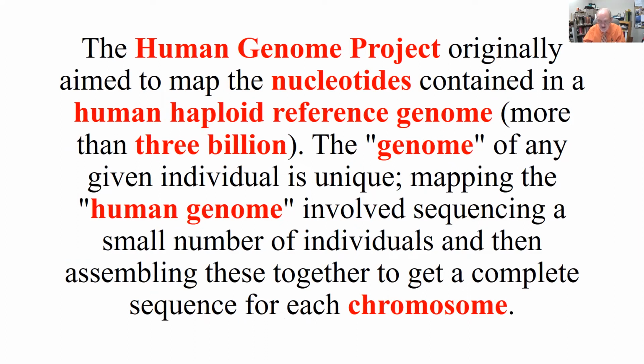The genome of any given individual is unique. Mapping the human genome involves sequencing a small number of individuals and then assembling these together to get a complete sequence for each chromosome. Therefore, the finished human genome is a mosaic, not representing all of any one individual. Two conclusions are of genealogical importance.